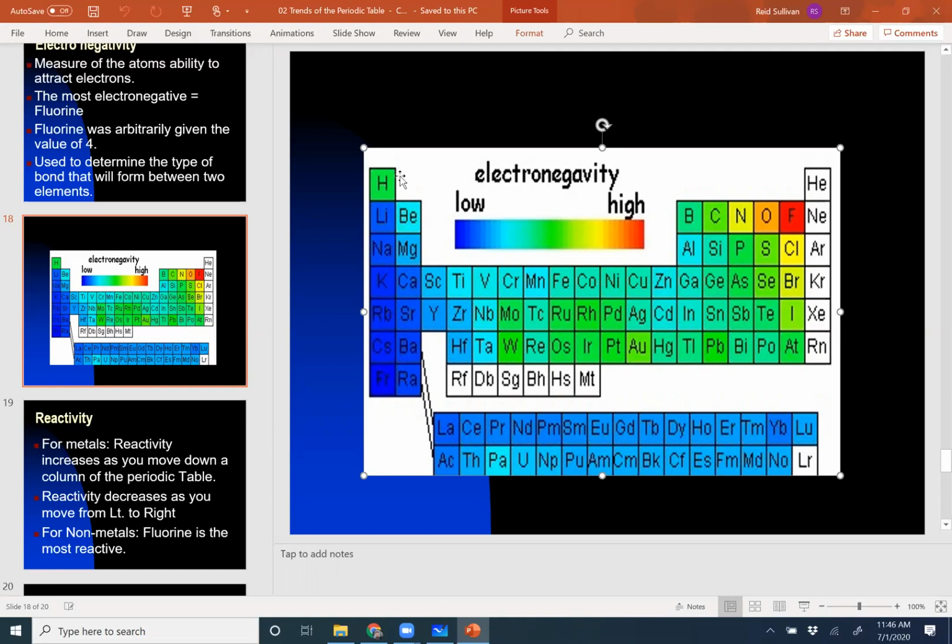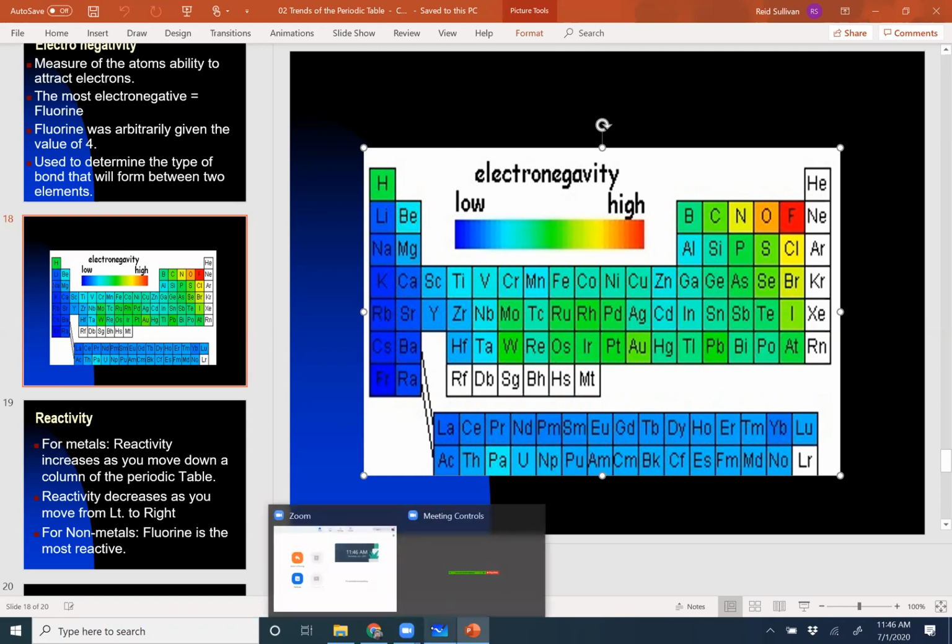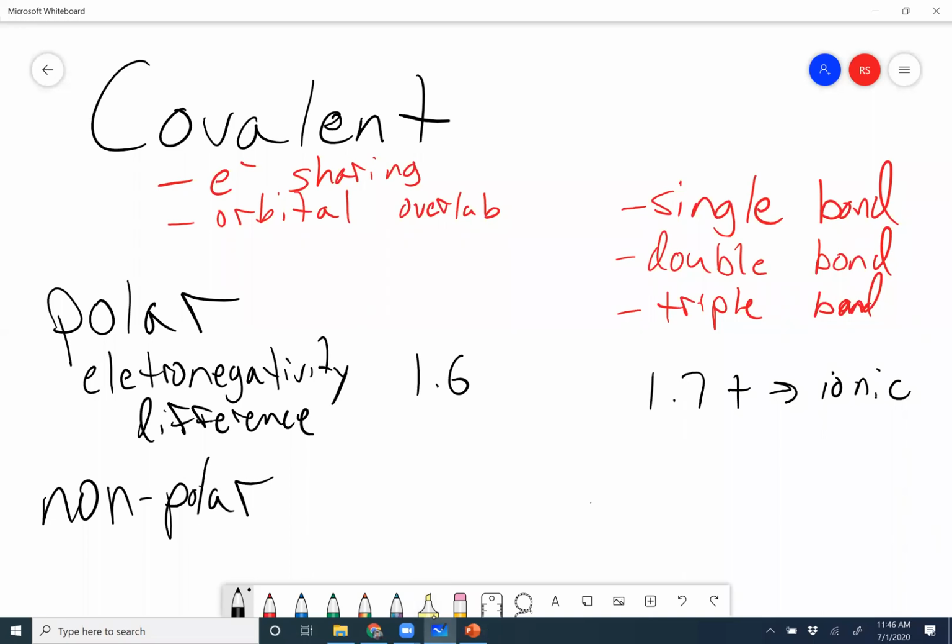Carbon and hydrogen is what we call slightly polar. We have 2.8 and we have 2.1, so that's a difference of 0.7. When it comes to nonpolar, that's an electronegativity difference of anything less than 0.3.